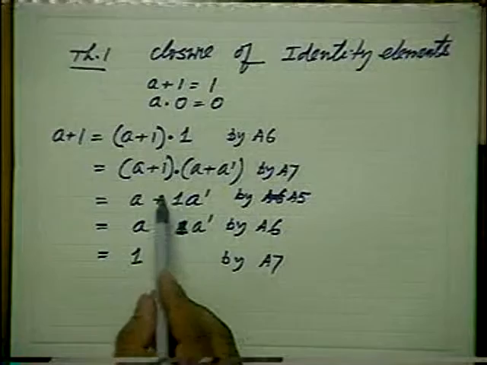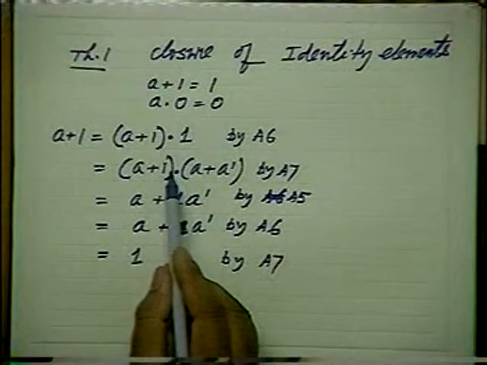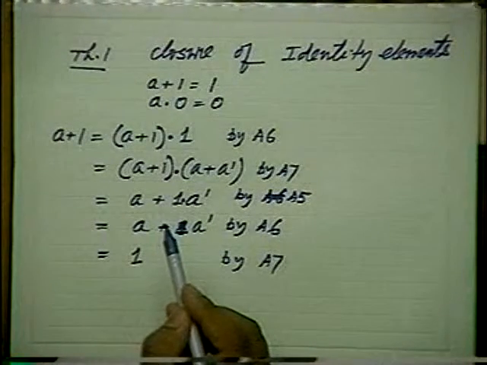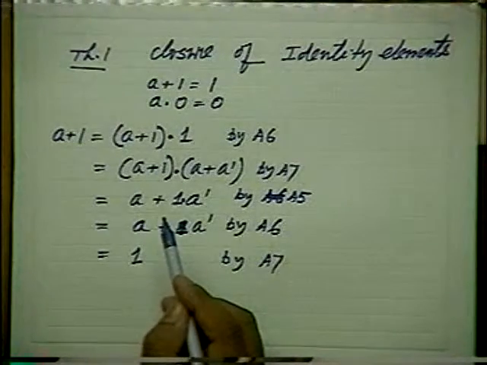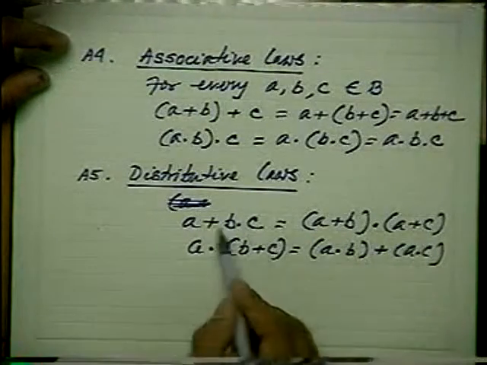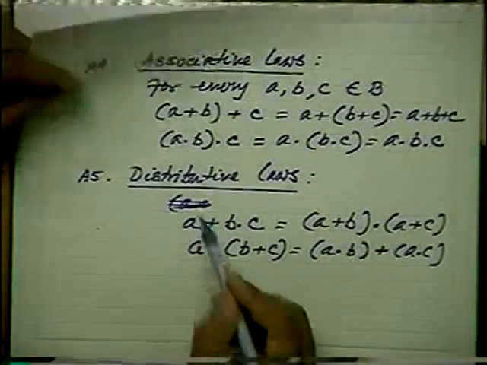This is by law of distribution. Say for example, this is a plus 1 dot, essentially 1 dot a dash. This is by the law of distribution. Let's recount the law of distribution. You see that a plus b dot a plus c is equal to a plus b dot c. The other way around we have taken. Is it okay?